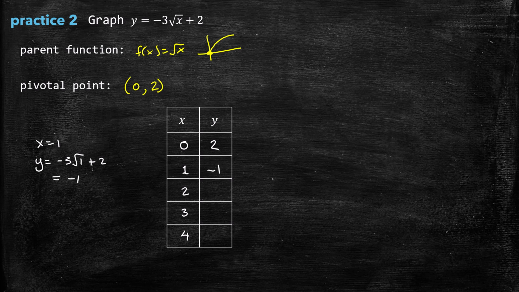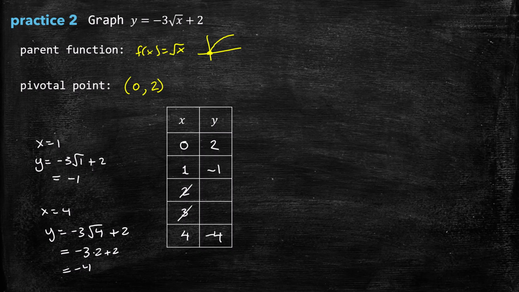When x equals 2, that's just going to give me a decimal. I just can't be bothered to get my calculator out. 3 is kind of annoying. What about x equals 4? Well, I'll just do that one for completion. Square root of 4 plus 2, which is -3 times 2 plus 2, which is -4.